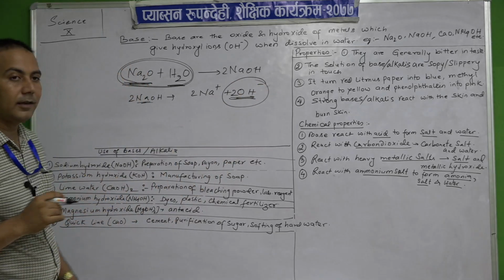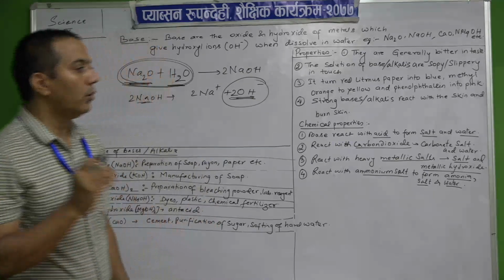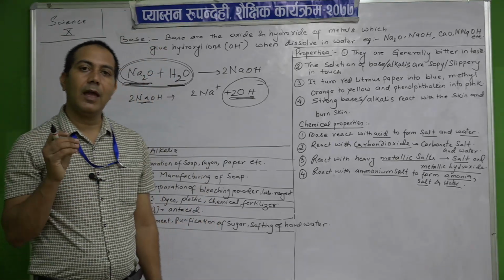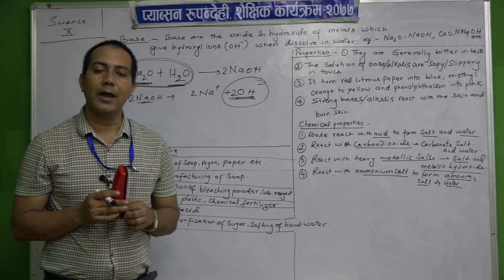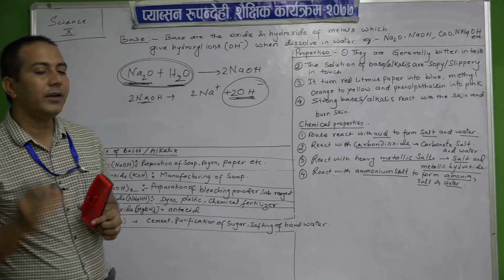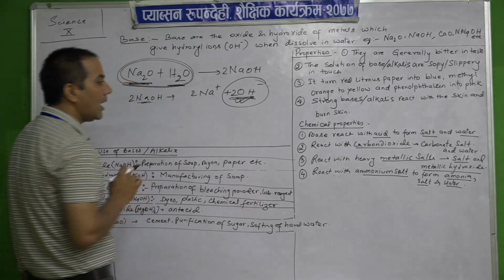From this we are clear that bases are compounds of metals, the oxides and hydroxides of metals, which produce hydroxide ion when dissolved in water.